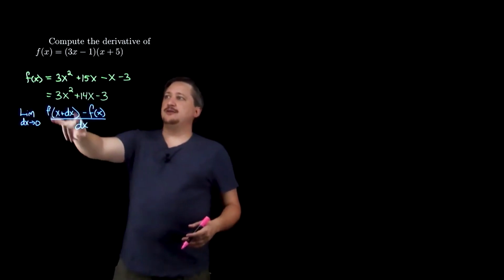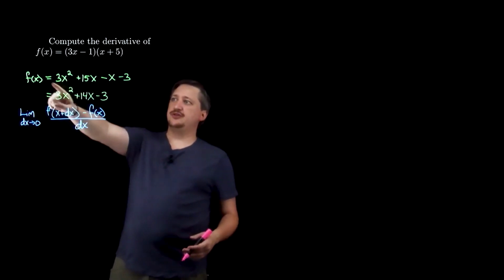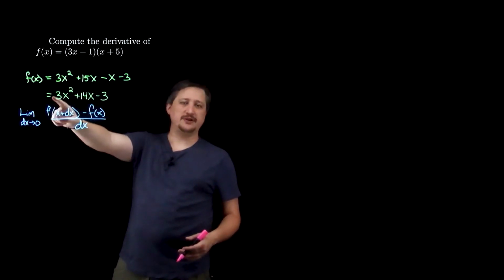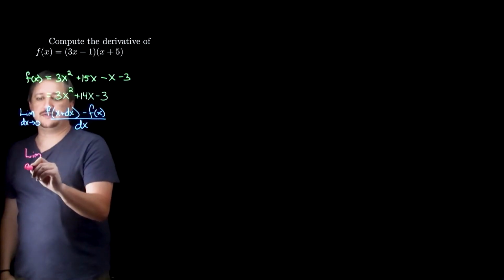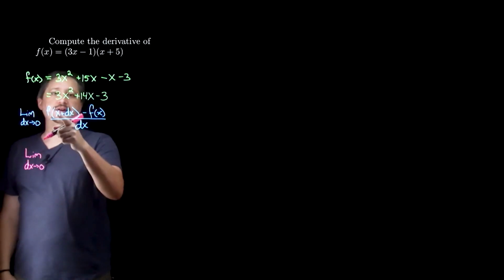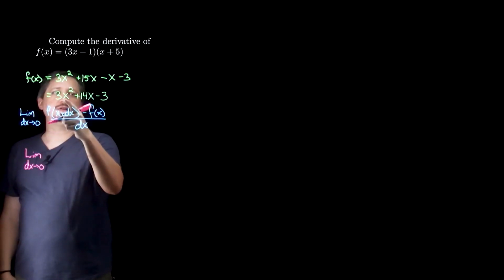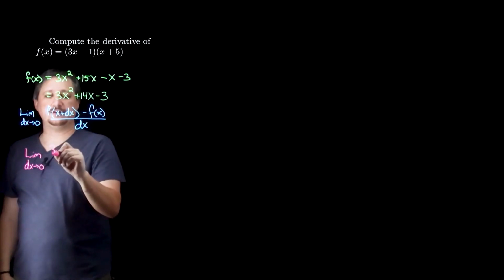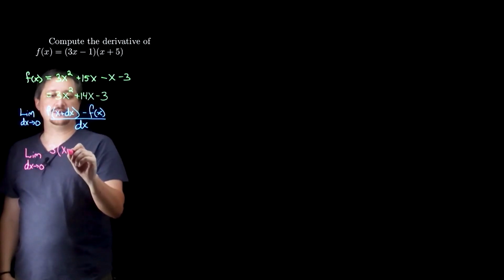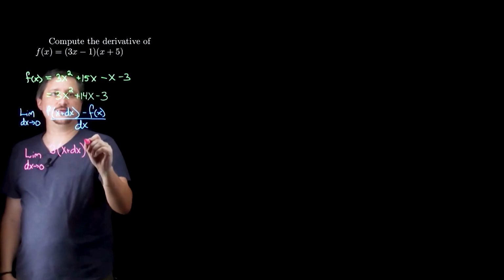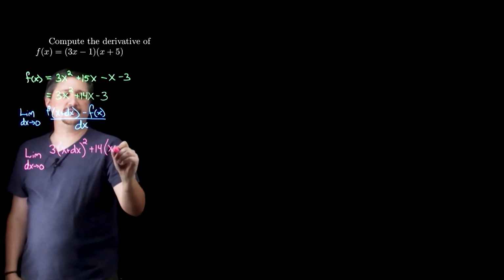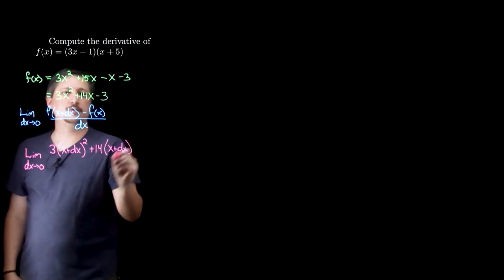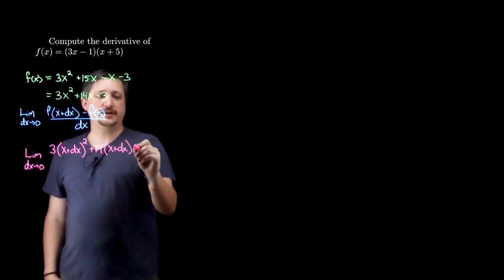All right, so now I'm going to apply this definition to my function up here. I'm still going to keep my limit as dx goes to 0. Here I have f of x plus dx, so I plug that in everywhere I see x. So I have 3 times (x plus dx) squared plus 14 times (x plus dx) minus 3.